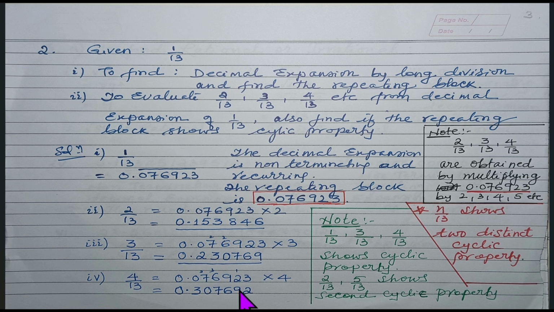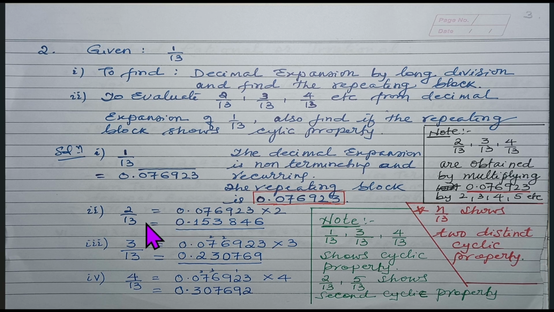Also remember that 1 by 13 has a decimal expansion of 0.076923, and these blocks exhibit a distinct cyclic property. There is no doubt about that, but there are two different cyclic properties here.